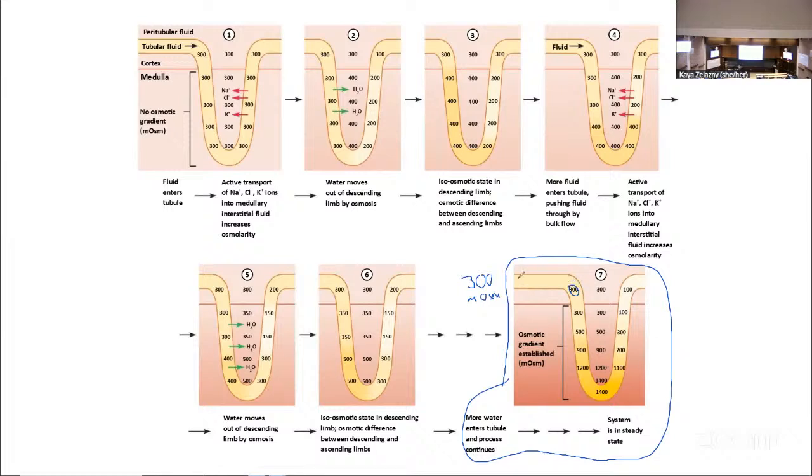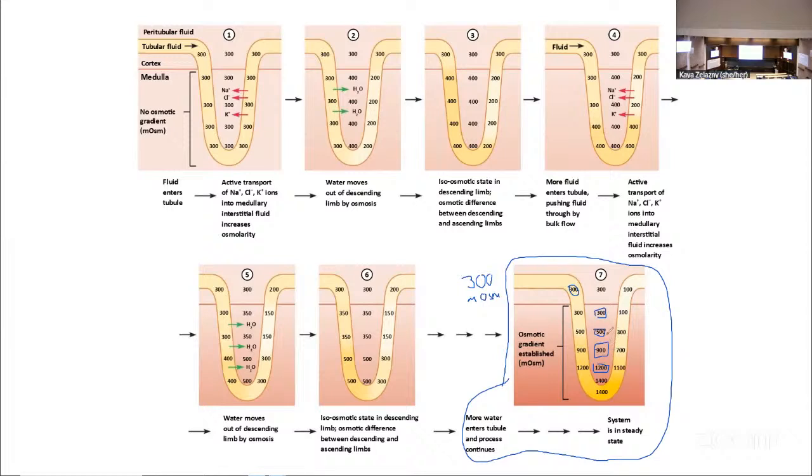So the reabsorption happened earlier on before we descend into the loop of Henle. So we're at equilibrium by the time we reach the end of the proximal tubule. Okay. As we drop down through the medulla, we're going to see that osmolarity of the medulla going up and up and up, gradually going up, which is why it's our osmotic gradient.